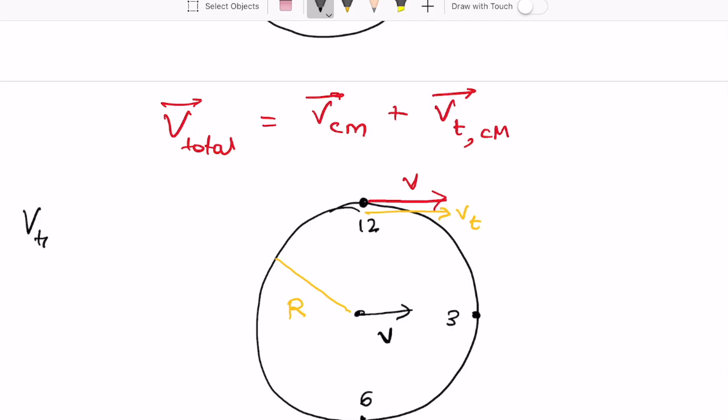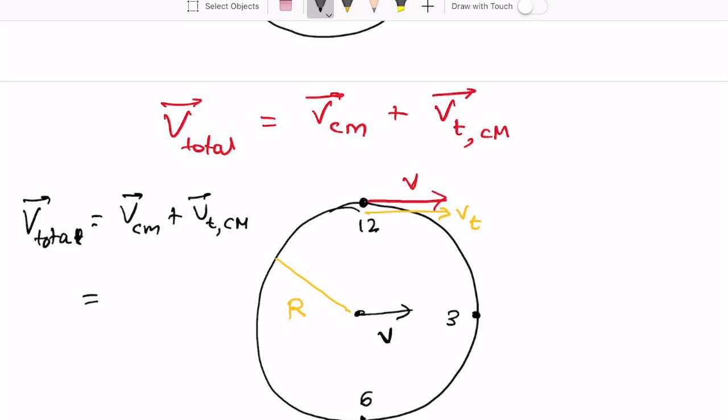V total would be V center of mass plus V tangential relative to the center of mass. And I'm just going to use strict vector notation. I'll assume that there is an x-axis pointing to the right and a y-axis pointing upwards.